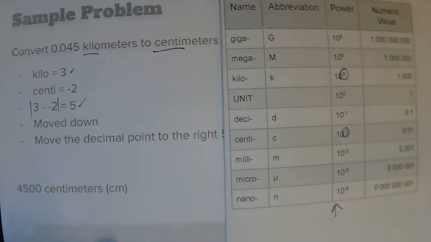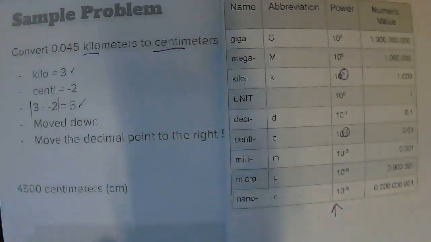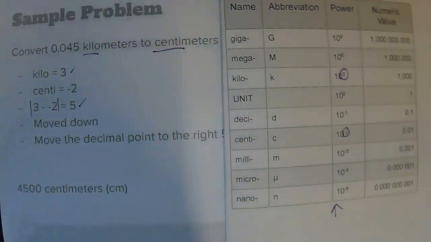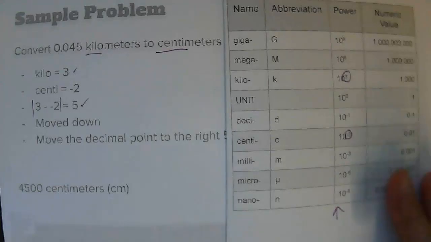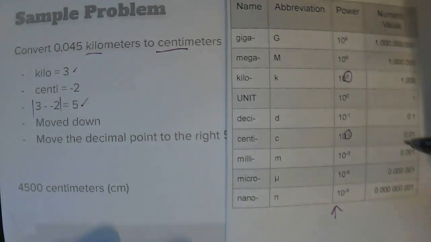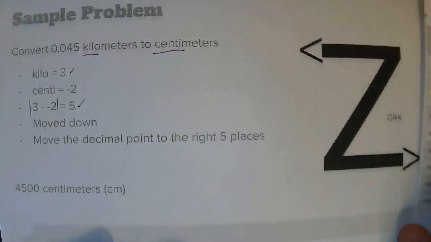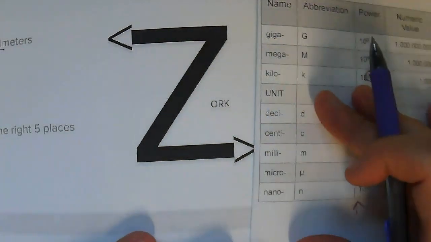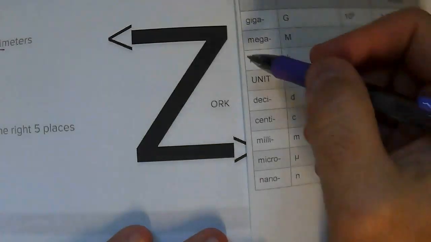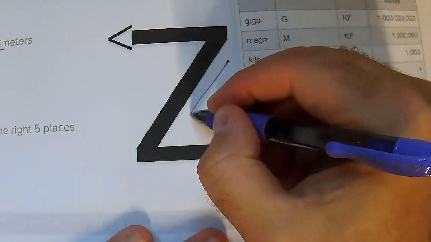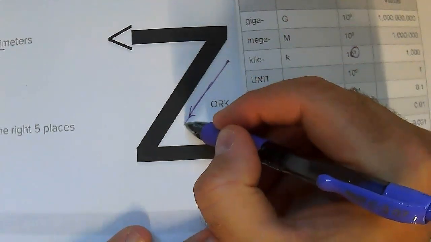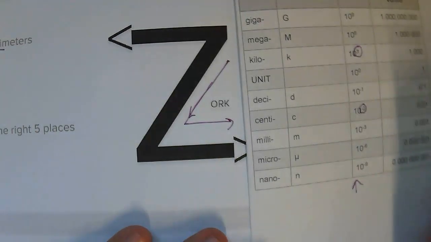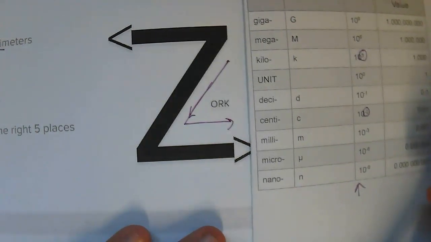It doesn't matter, even if you don't do the negative value, or the absolute value, just don't ignore whether it's positive or negative. So now, here's where the Zork comes into play. Which way did we go? We went down. If you look, here, let me move this over. We went from kilo here down to centi here. So if we go down, follow the Zork, whoop, we move the decimal to the right.